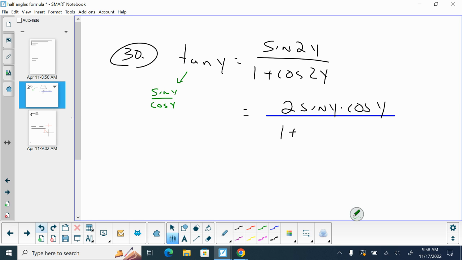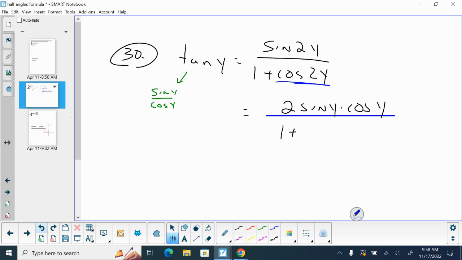If I can get to sine of y over cosine of y, that's going to take me back to the tangent. So what I want to get here is just 2 separate things, sine and cosine. Sine over cosine. Well, that sort of gives us a hint of what we want to use for the cosine of 2y. Because ultimately, I want to get a cosine on the bottom.